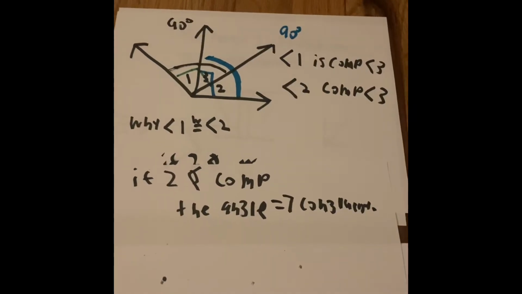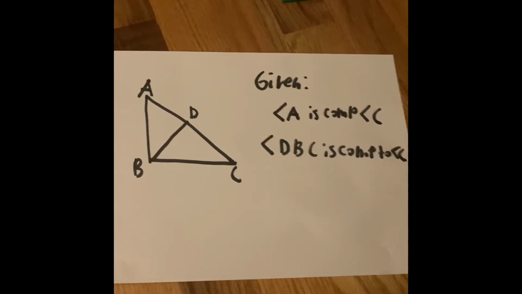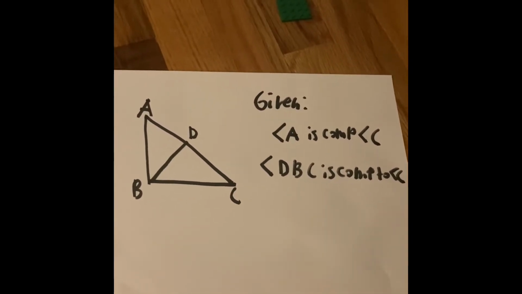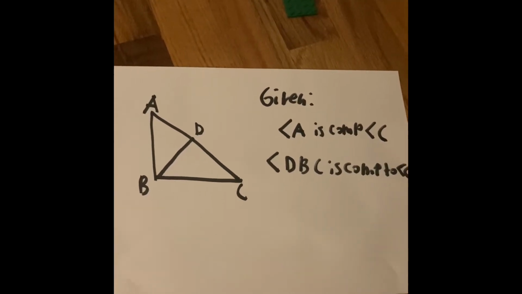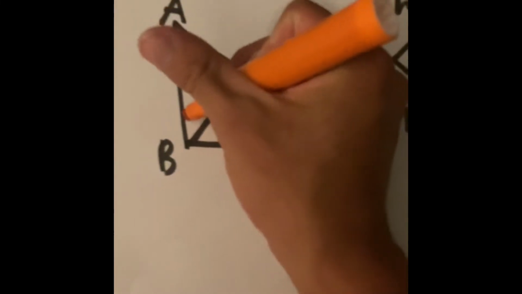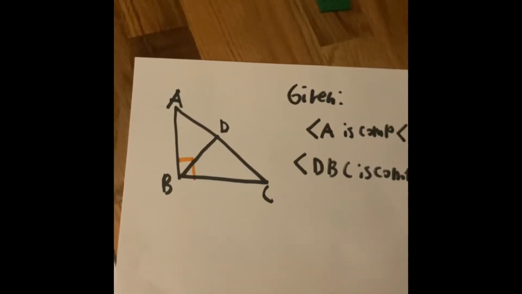Let's do an example problem where we can understand the theorem and use it. What's given to us is that angle A is complementary to angle C. So we're going to put the 90-degree mark right here to indicate it's 90 degrees.